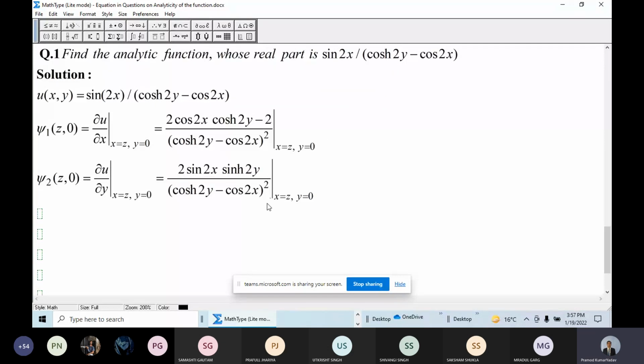So ultimately, in my view, it is coming. Please verify my calculation. X equal to z and y equal to 0.